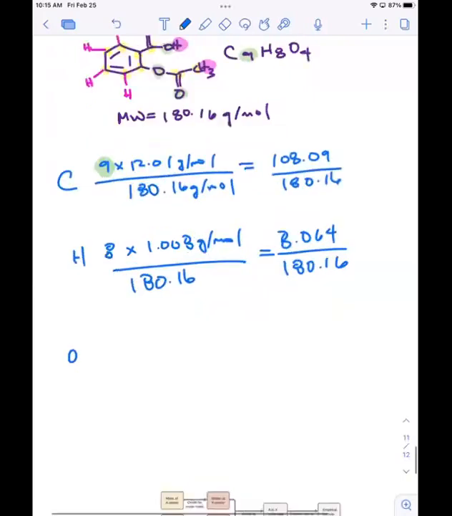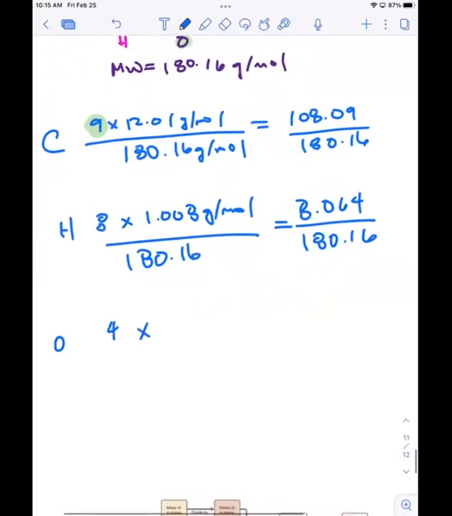And so for oxygen, it's going to be 4 times 16.0 grams per mole divided by the total.